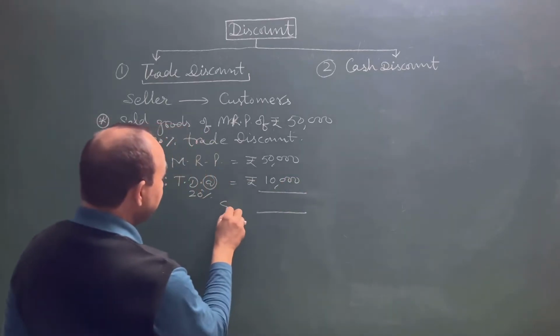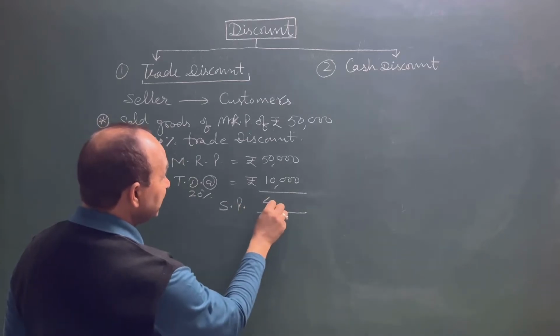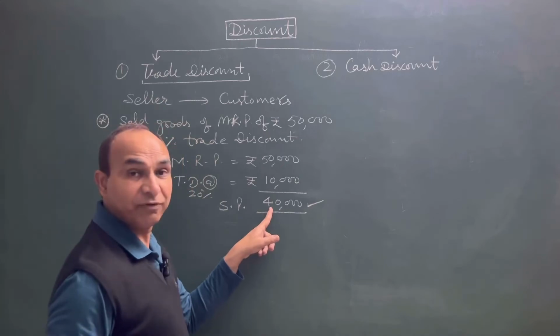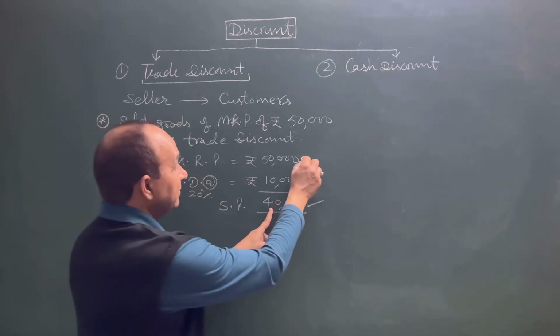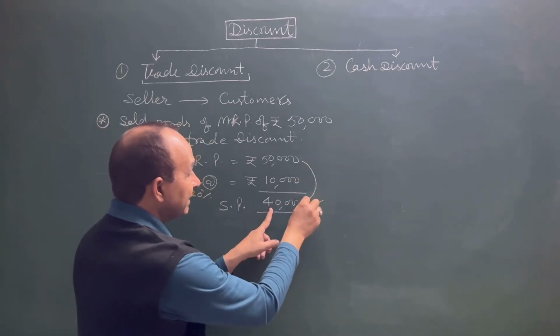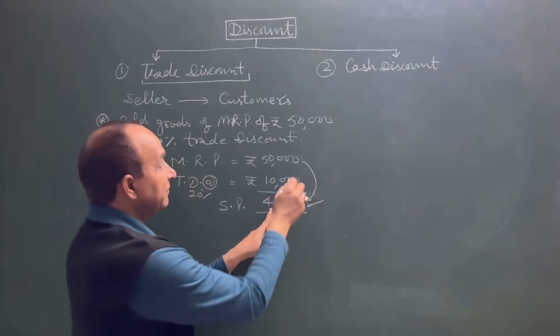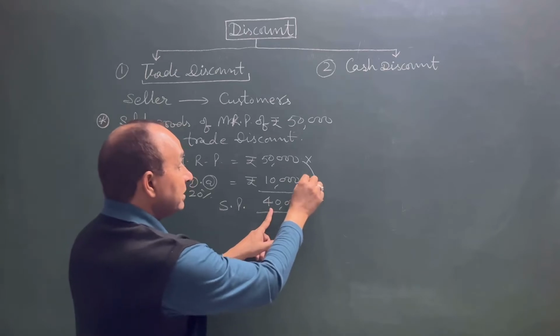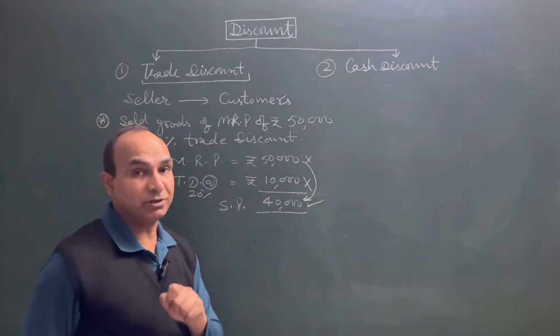Then the selling price, which is to be recorded through the books of accounts, amounts to rupees 40,000. Goods of 50,000 sold at rupees 40,000. 50,000 will not be recorded through the books of accounts. 10,000 will not be recorded through the books of accounts.